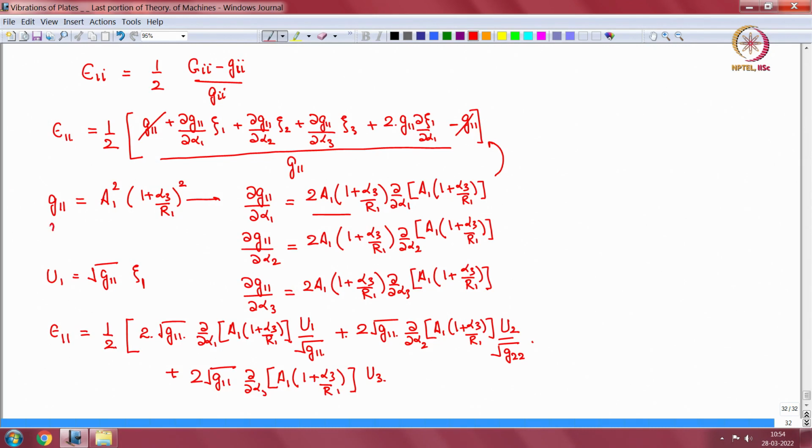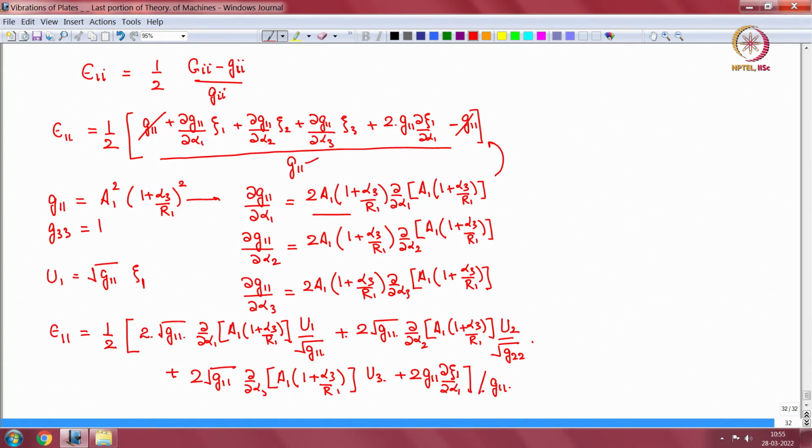G33 is 1, if you remember, small G33 is equal to 1. So, this is U3. Okay, plus twice G11 del xi 1 by del alpha 1 slash G11 divided by G11, this G11.